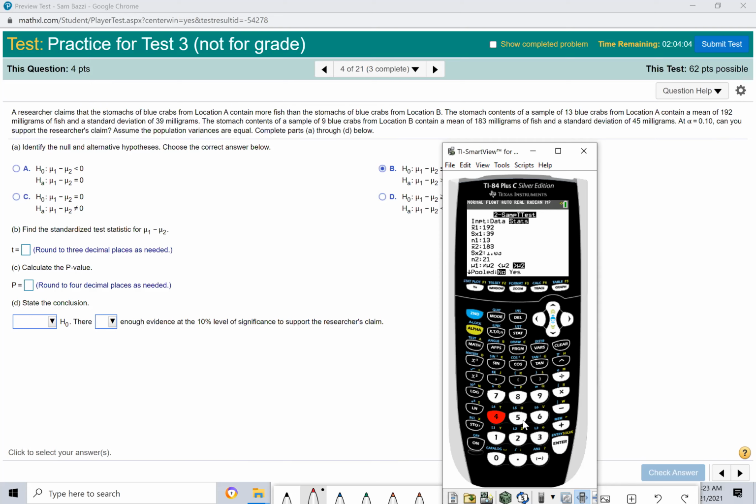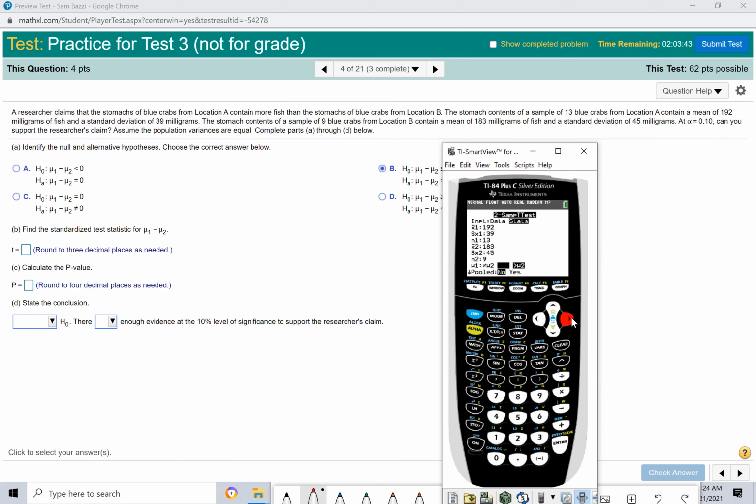Then we put 45 for standard deviation. Then the sample size was 9. And then mu1 is greater than mu2.